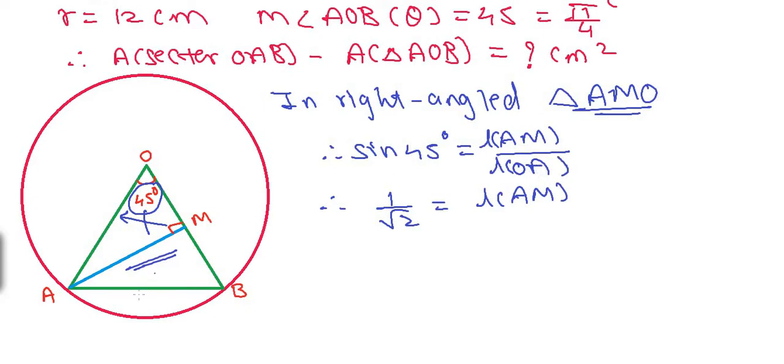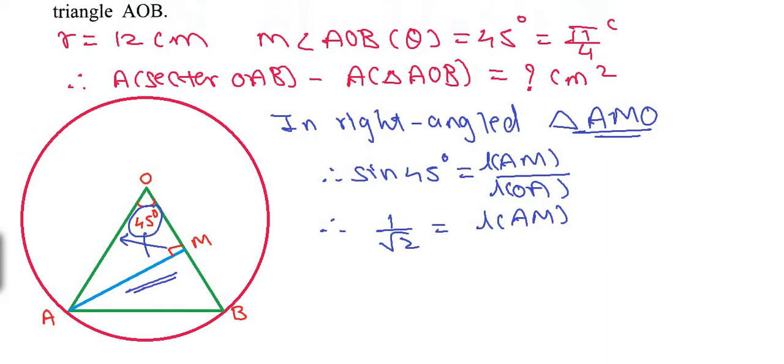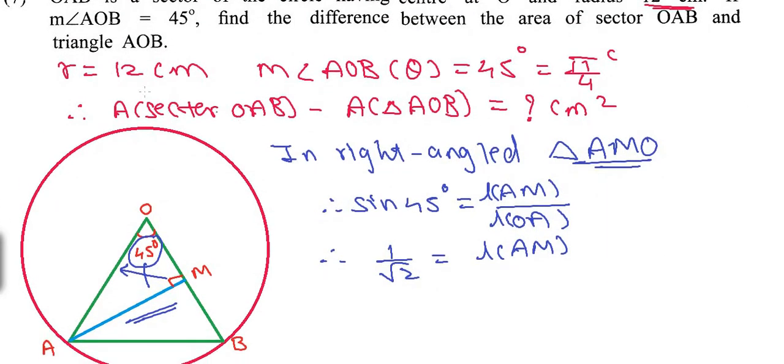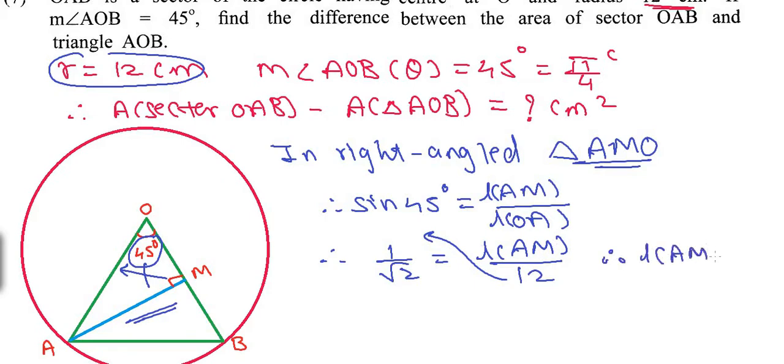But length OA is equal to radius of the circle, and radius is equal to 12 centimeter. It's given here. So divided by 12. Shift this 12 to left hand side, and so we finally get, therefore length AM is equal to 12 divided by root 2 centimeter.